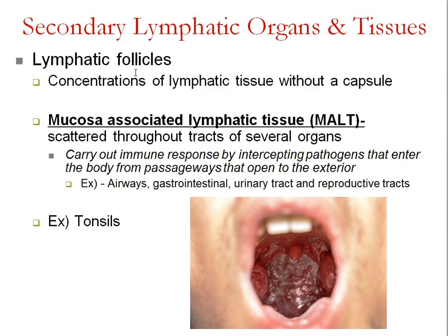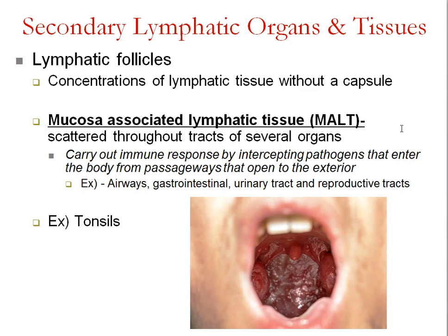Next up, we have our lymphatic follicles. Concentrations of lymphatic tissue without a capsule, just where we've got loose lymphatic tissue kind of hanging out. We refer to this as mucosa-associated lymphatic tissue, or MALT tissue, scattered throughout several tracts of several organs, and they carry out immune responses by intercepting pathogens that enter the body from passageways that open to the exterior.